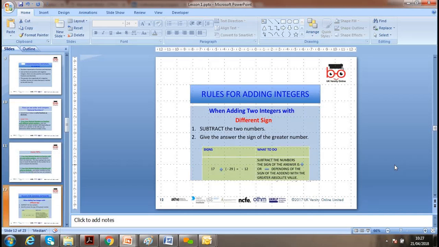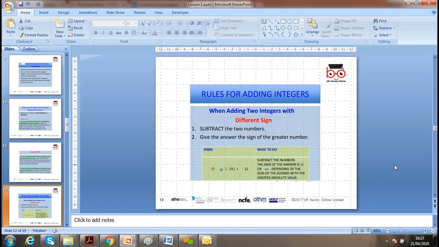17 plus -29, which we already learned, yes. Even negative numbers, what will we do? Yes, it can't be positive, it will be negative, yes.